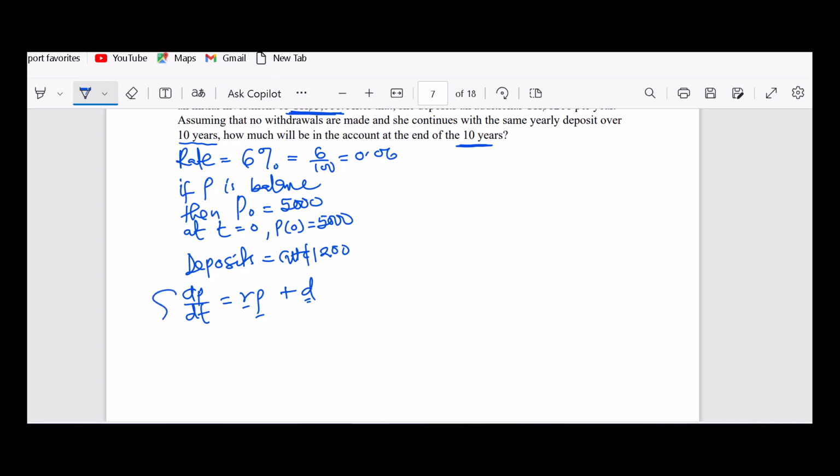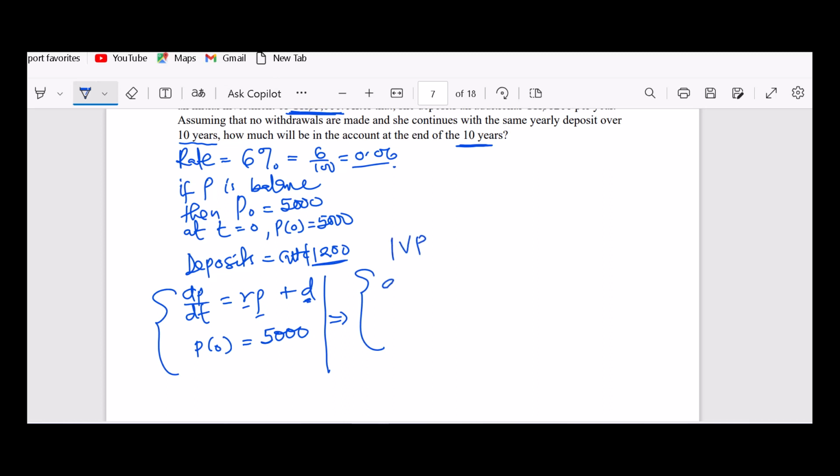Now at P of 0 we will have 5,000 Ghana cedis. P of 0 equals 5,000. We can now rewrite this. We know that the rate is 0.06 and the deposit is 1,200, so we replace them in our IVP.